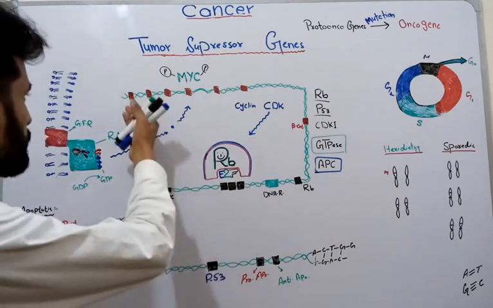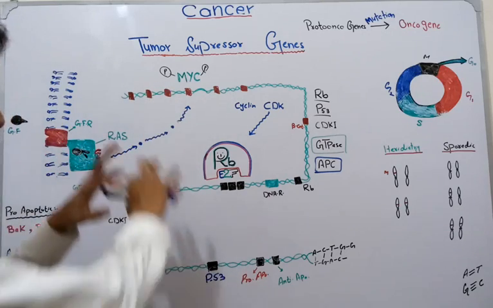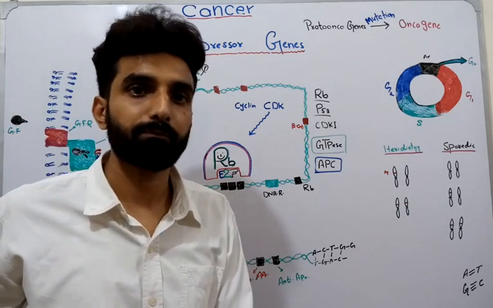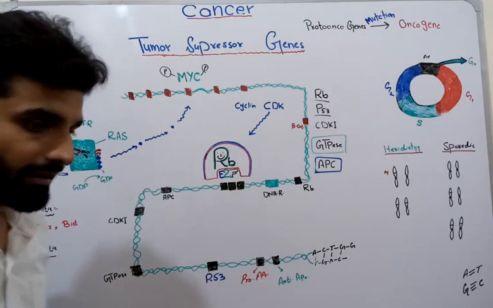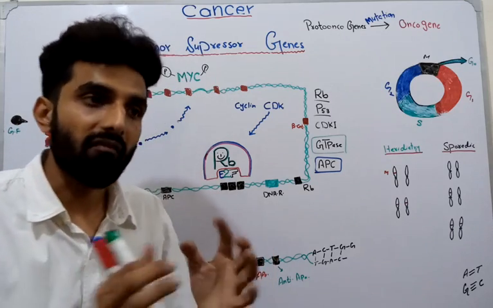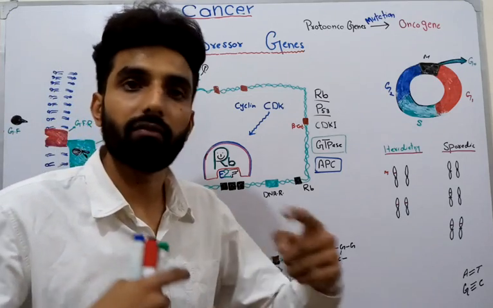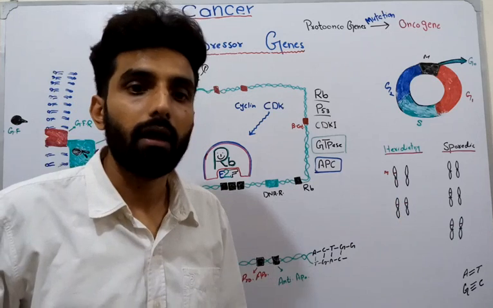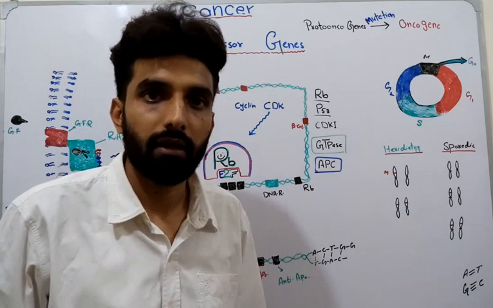For example, growth hormone receptor, RAS protein, MYC protein. The functions of all these genes have been explained in my previous video. Now, what are tumor suppressor genes? Obviously, if a cell is proliferating, after some time it needs to be stopped. Otherwise, if it keeps on proliferating, you know that this is pathological, not physiological.